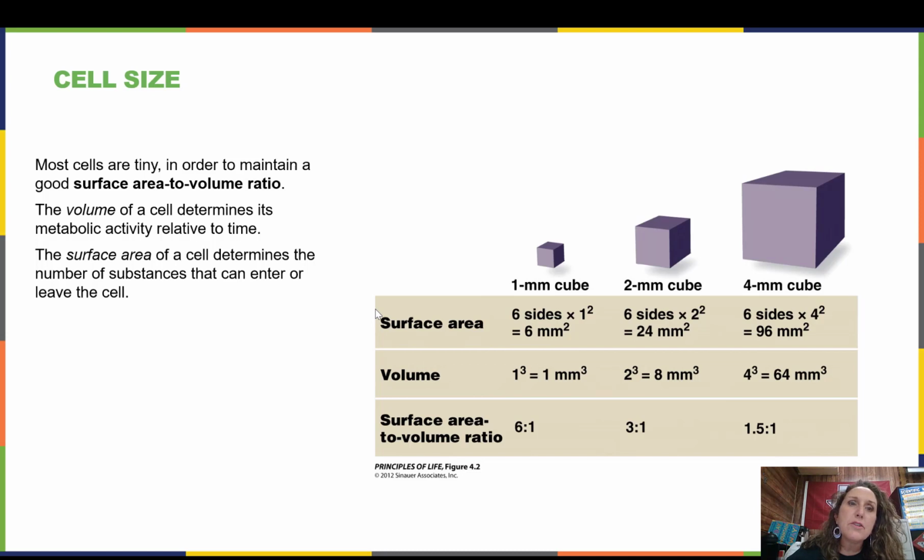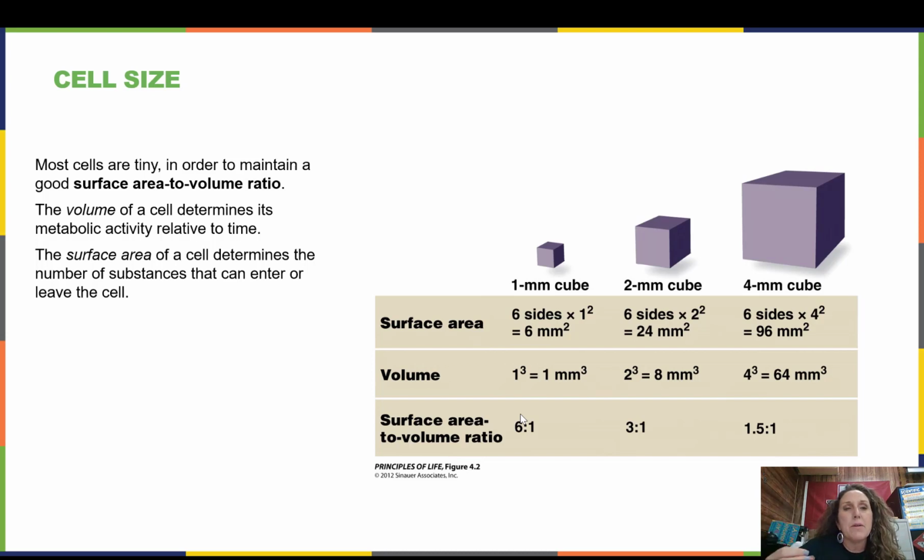Now, individual cells can only get so big, because the larger they get, the lower the surface area to volume ratio gets. The smaller it is, the better it is. So the volume of the cell determines how much metabolic activity it has going on, so how much energy it needs. And the surface area determines the number of things that can come in and go out.